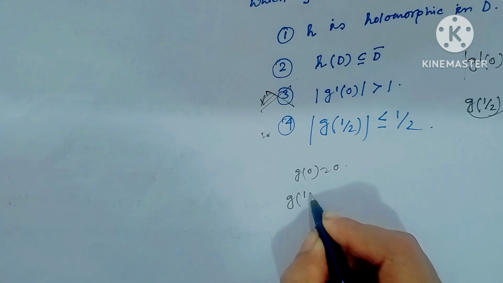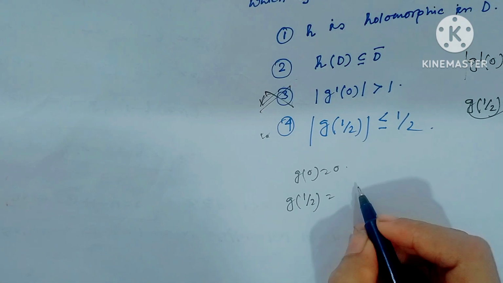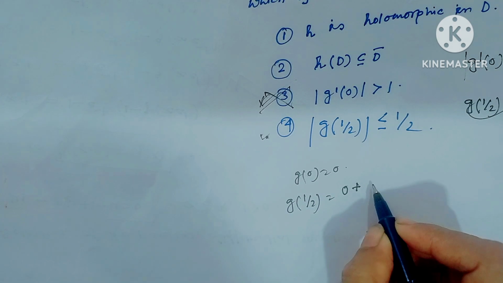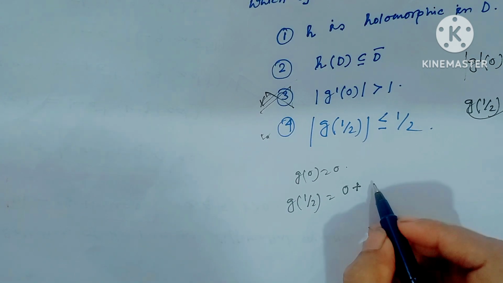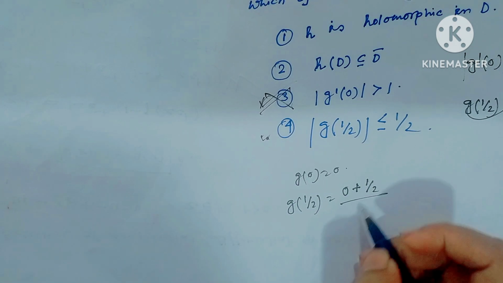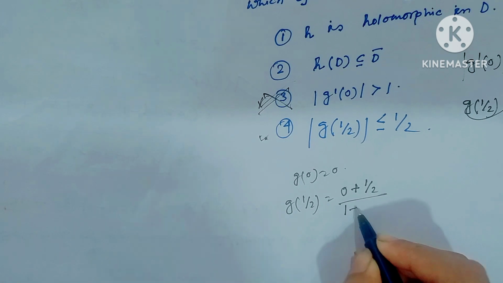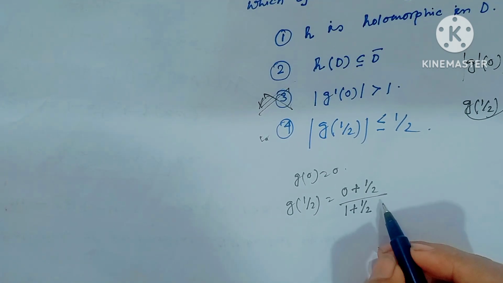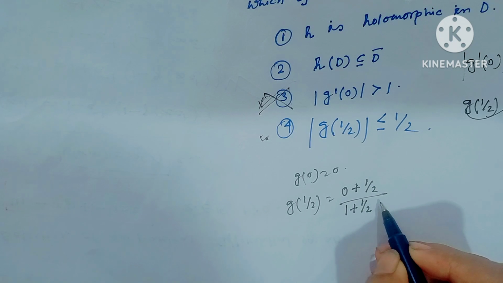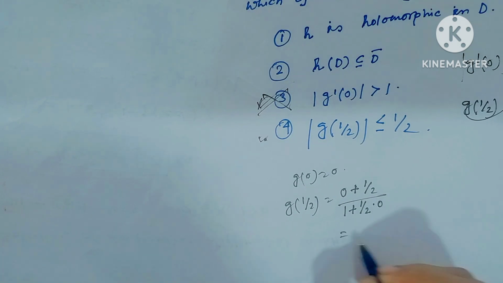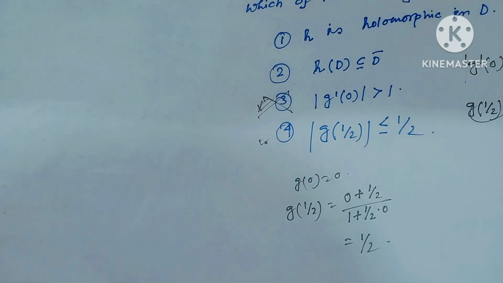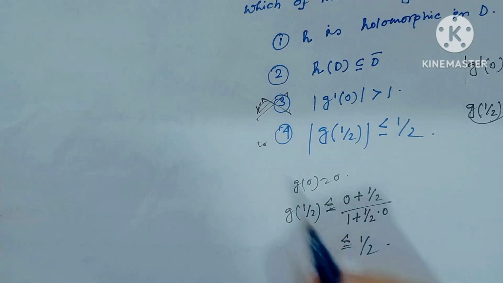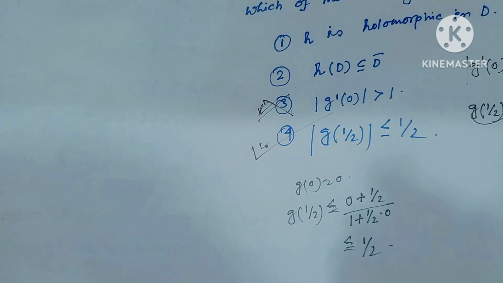So g of half would be, with modulus of z equal to half, divided by 1 plus modulus of z, which is half, times modulus of z0, which is 0, and this value would be half. That means g of half less than or equal to half, this is the right option.